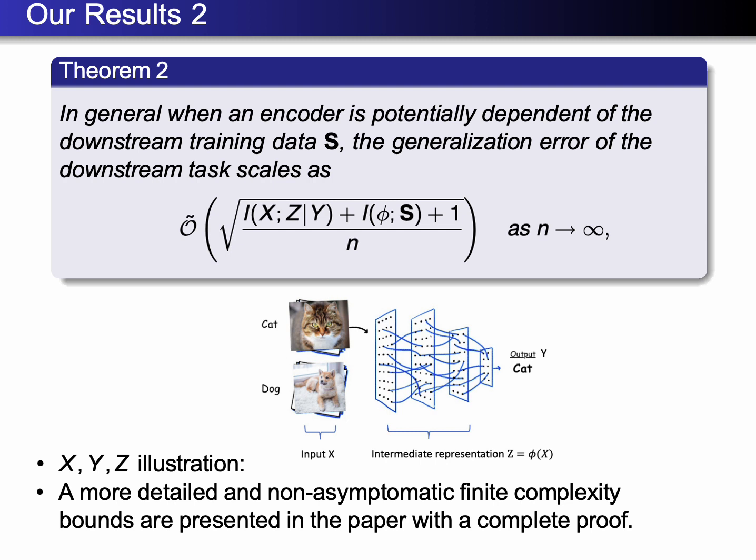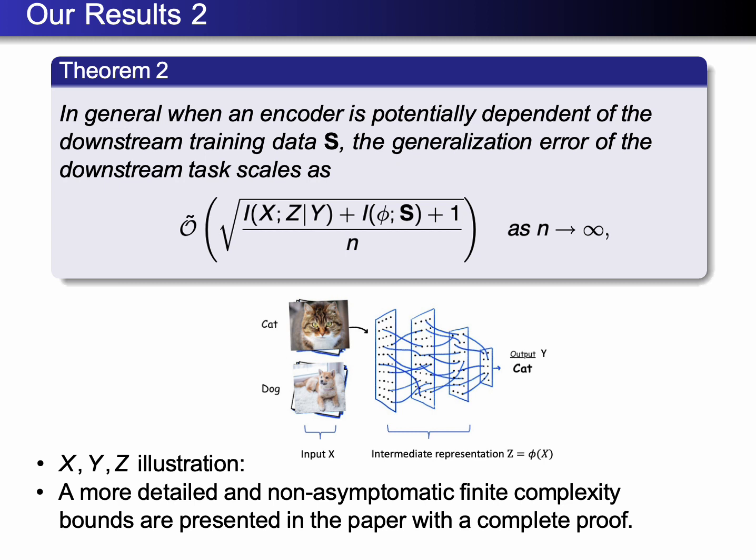Our results, number 2. In this paper, we also prove the following. In general, when an encoder is potentially dependent on the downstream training data, the generalization error of the downstream task scales with the conditional mutual information between X and Z plus the mutual information between the encoder function phi and the training data.